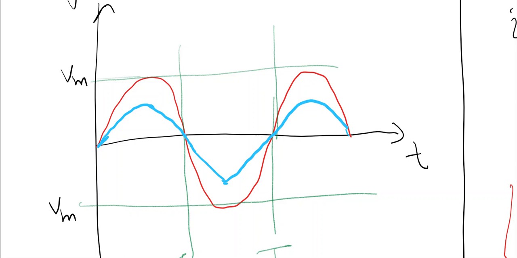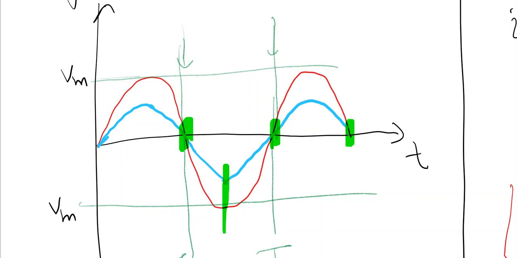Notice that the zeros of voltage and current are the same, where when voltage becomes zero, current is also zero at the same time. When voltage is arriving at its peak, current is also reaching its maximum value. Okay, check all these points.